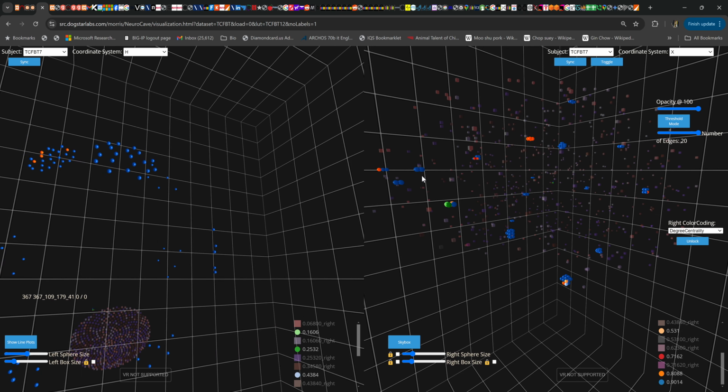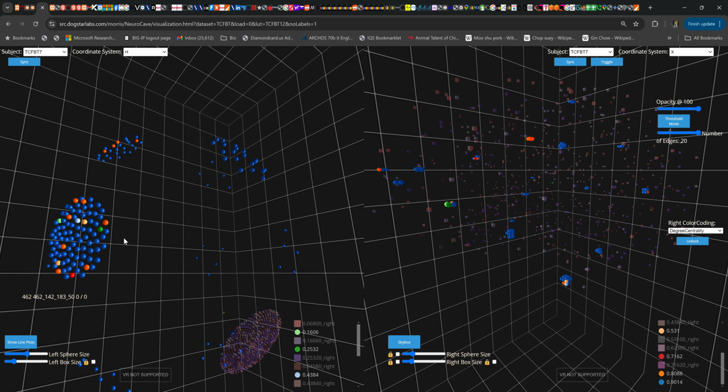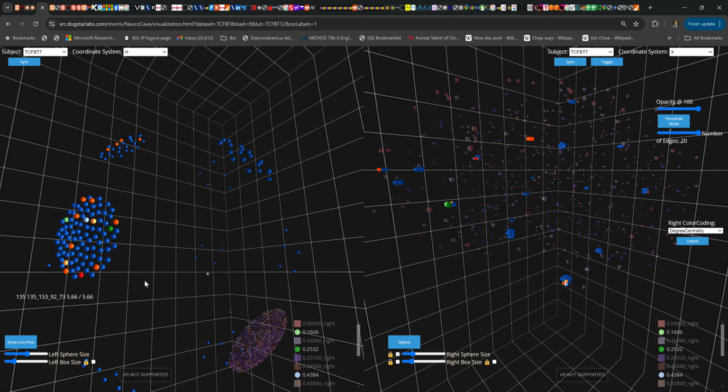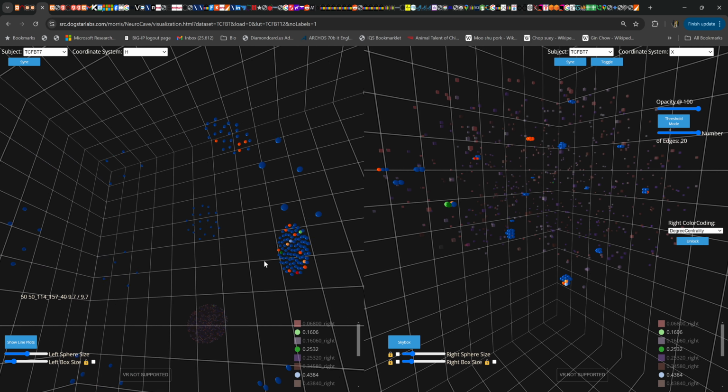And you can also see how the different clusters have different values of degree centrality, how they spread across the different clusters.